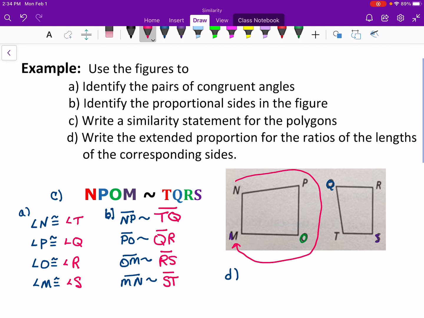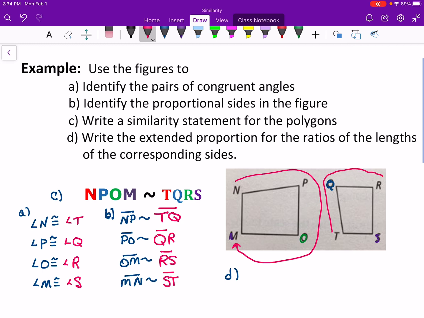For the second one, you have to make sure that you are writing the corresponding angles in the same order as they were in the first picture. So since N and T are in corresponding positions, we start with T. P corresponds with Q, so that's next in the name.